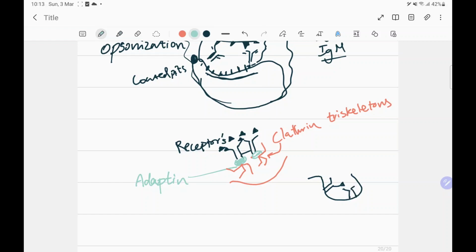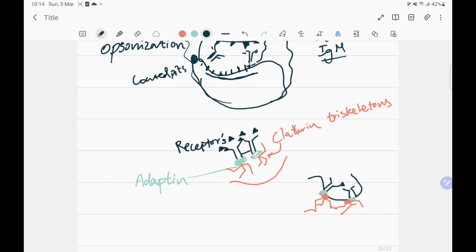And of course we have the adaptin over here, and the clathrin is doing all the muscle work, where you have your 3 legs, 1, 2, 3, stuck around the core molecule. So think of a pelvis and 3 legs coming out of it.